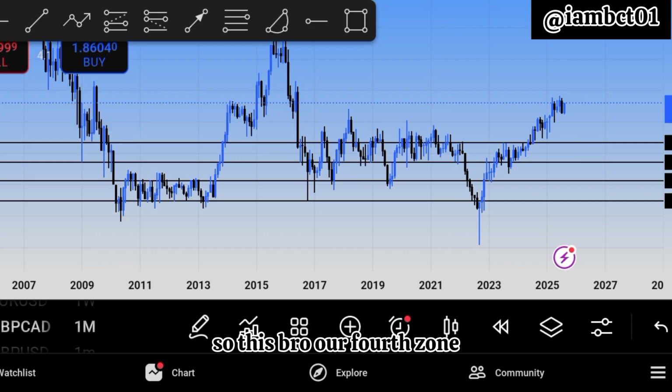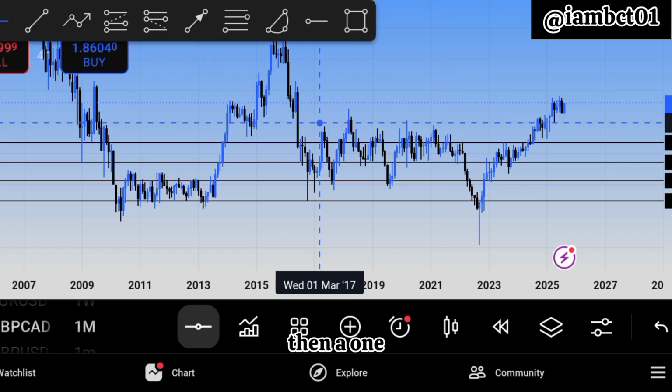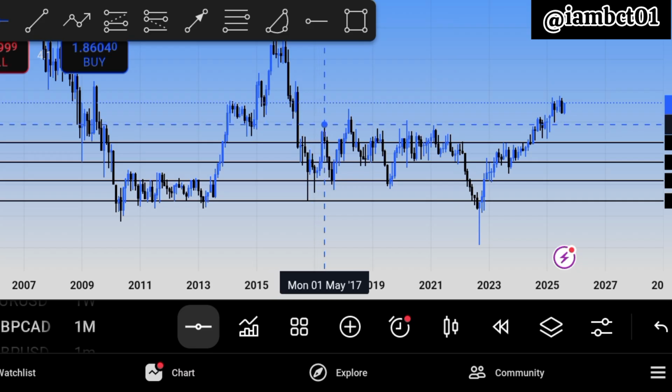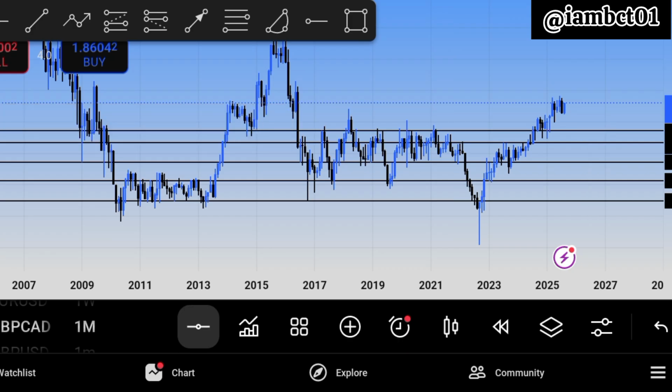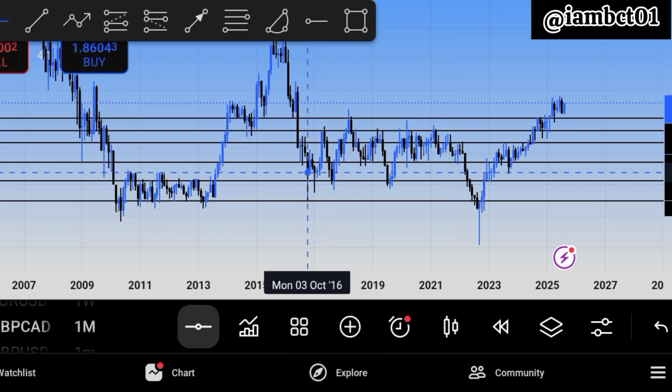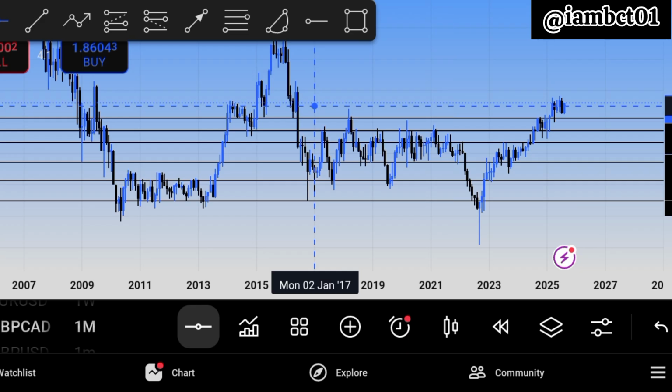So this is our fourth zone, then here, our fifth zone, then here our seventh zone. You should be marking it from the downside to the upside this way so as not to miss any part of it.